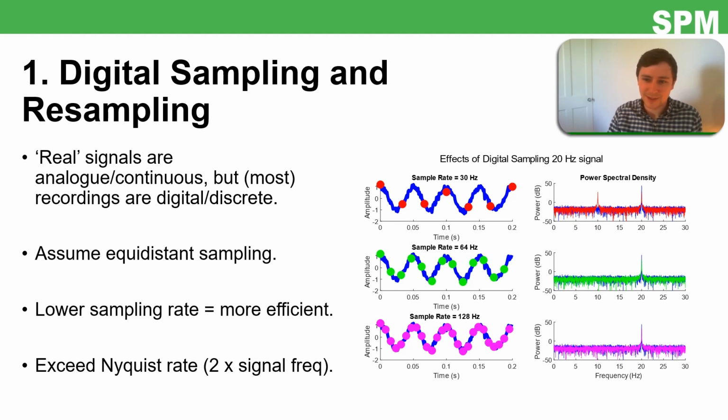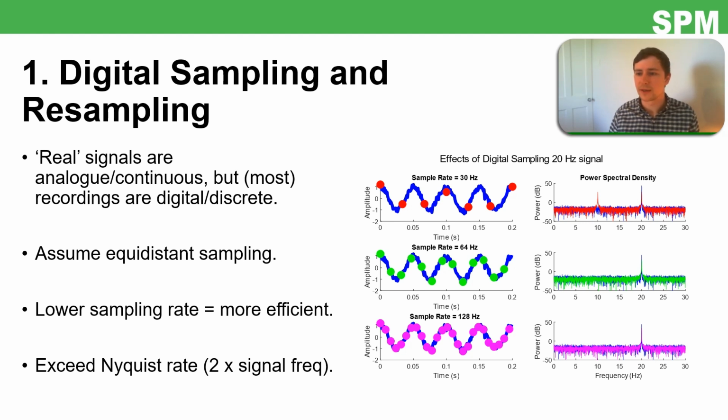And then if you were to sample at a higher rate, say 64 hertz, which is now above the Nyquist rate, you will see that it looks like we've got a nice summary of that analog signal if you were to connect those green dots together. And on the right, you can see there's no phantom peak, nothing strange going on.